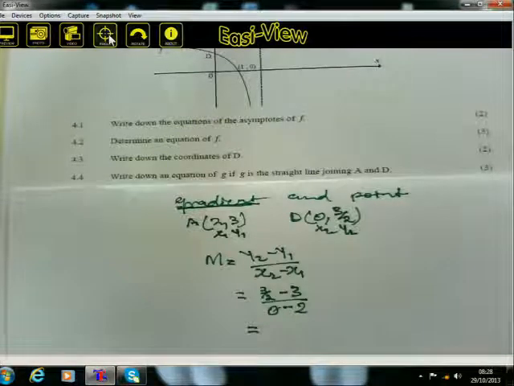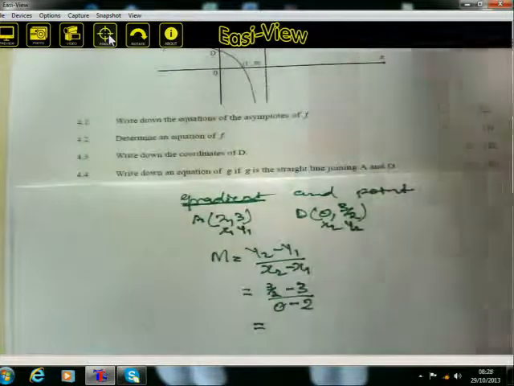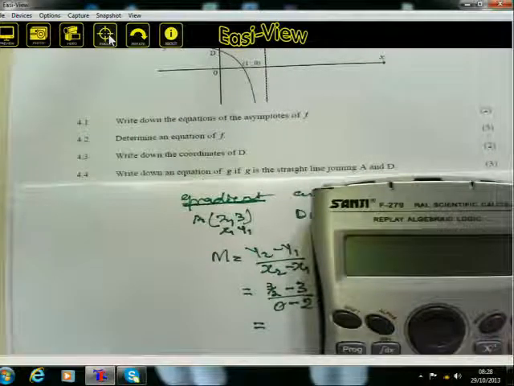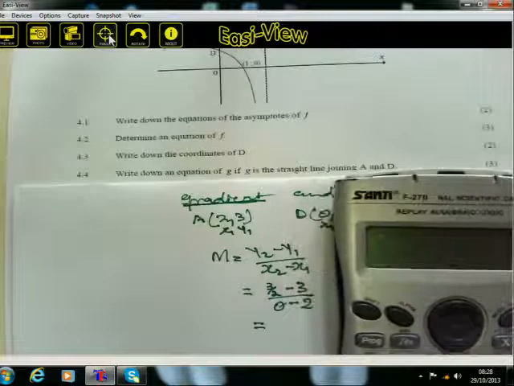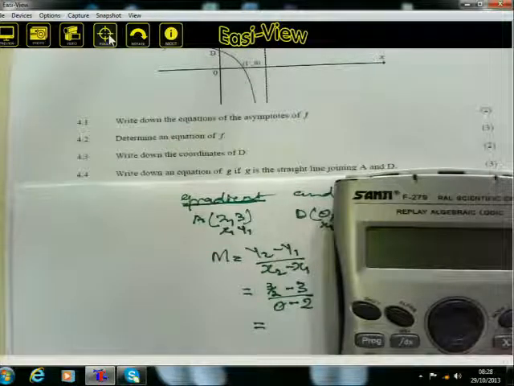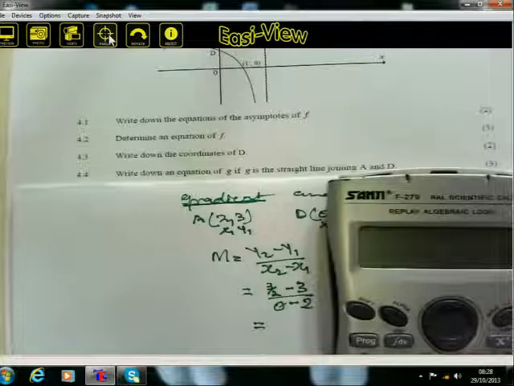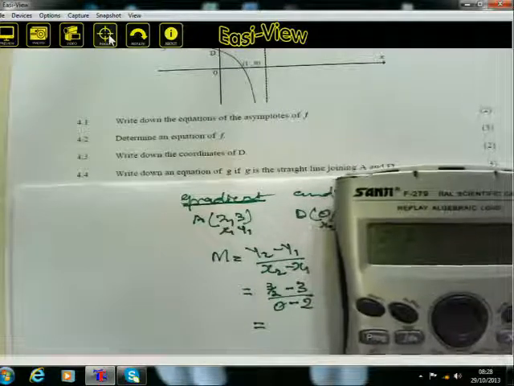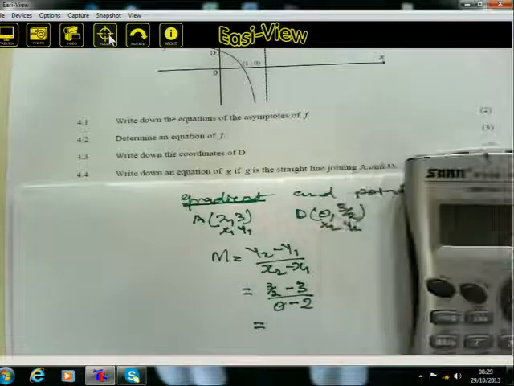You take your calculator, and then you press 3 over 2 minus 3. The answer is negative 1,5.